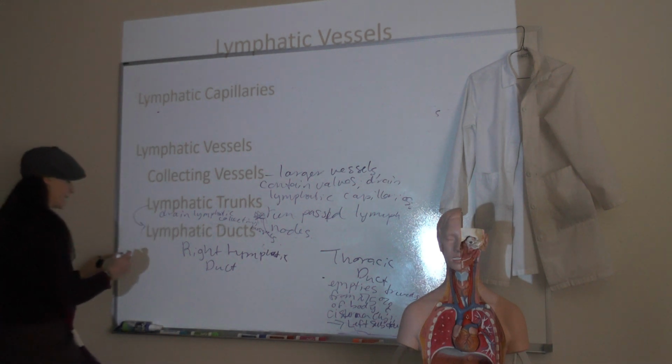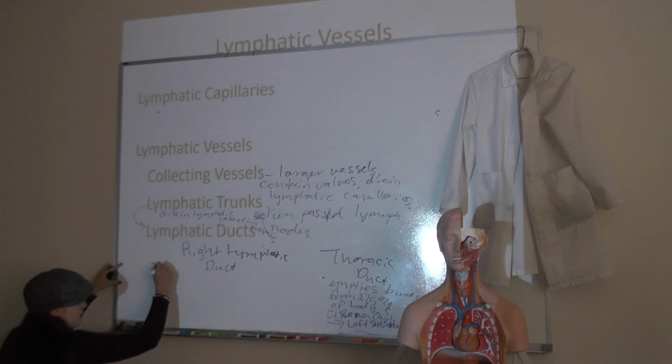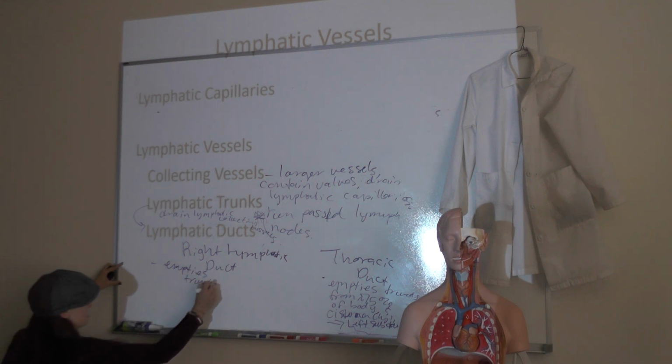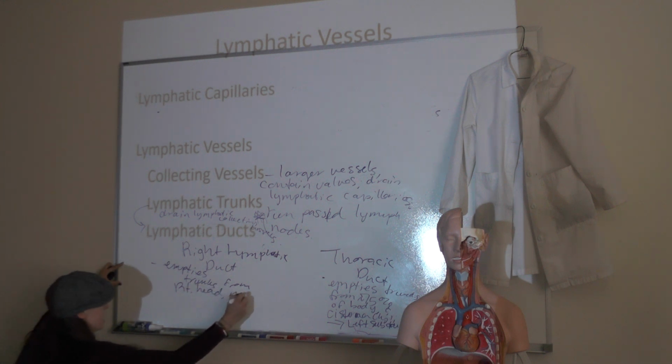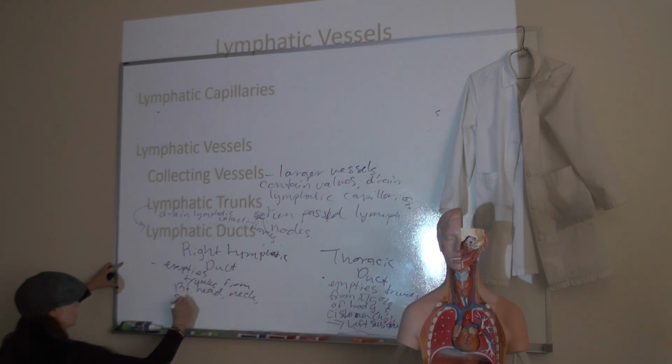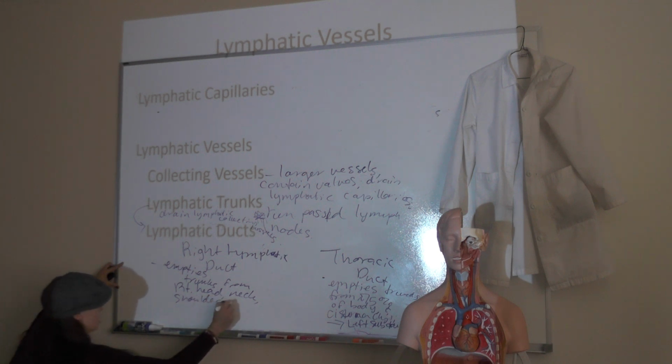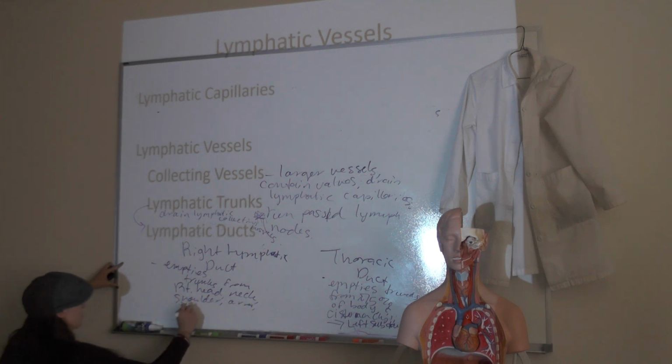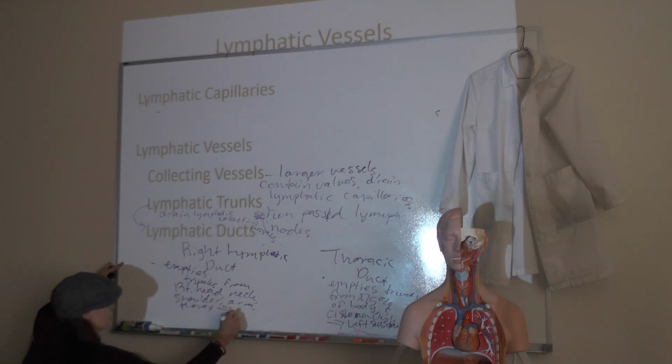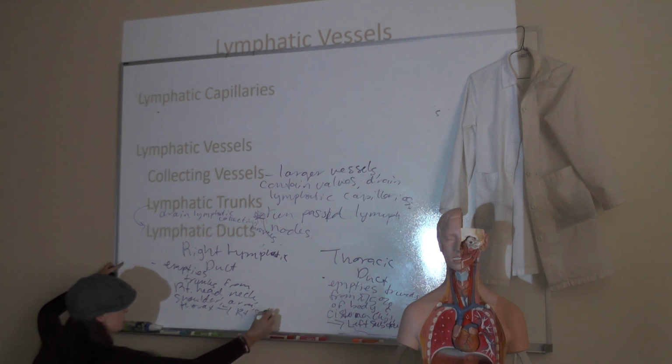Your right lymphatic duct empties the trunks from the right side of your head, neck, your right shoulder, arm, your right thorax, into your right subclavian vein.